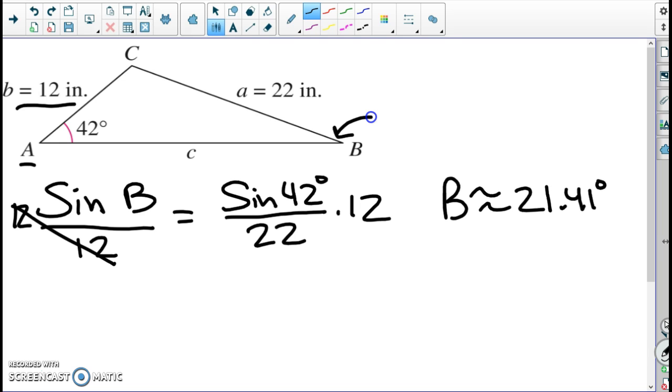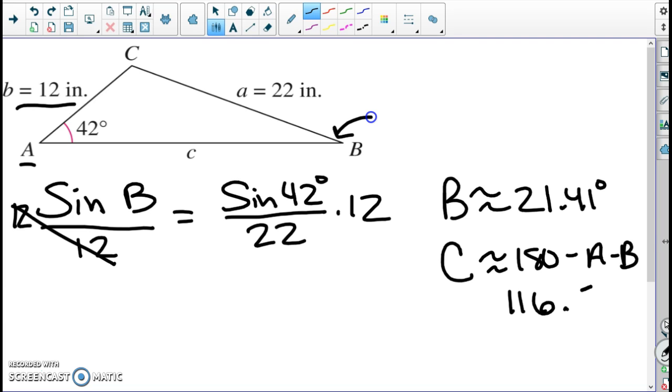21.41 degrees. And then we can determine that angle C, big C, is approximately 180 minus A minus B. So that should give us 116. For C, we can see that it is obtuse, 116.59 degrees.